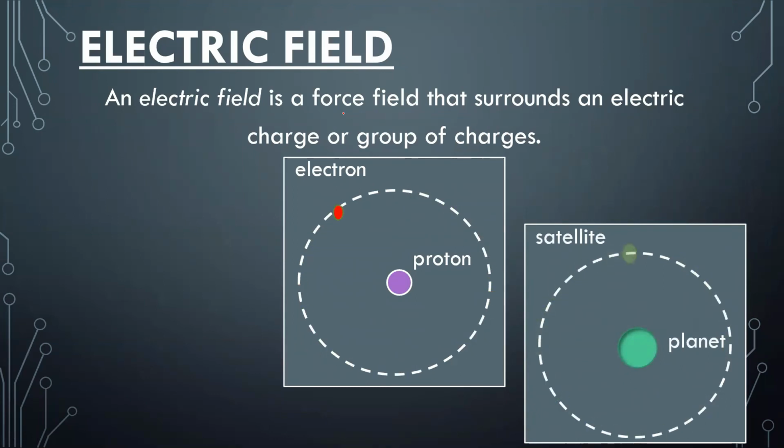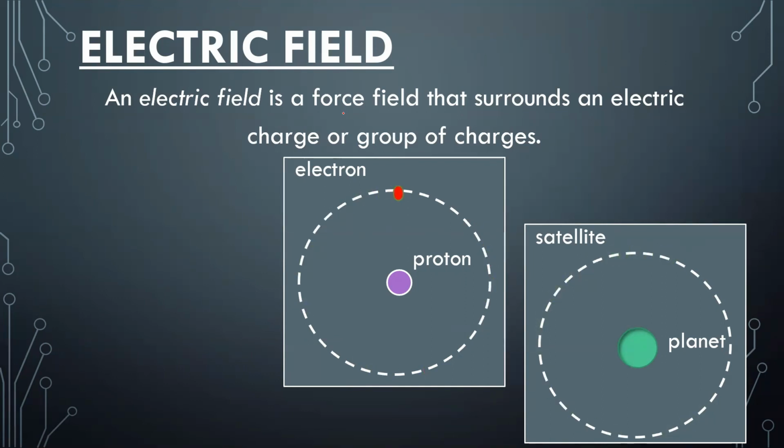Since yung satellite hindi siya makalapit dun sa planet, that's why a satellite will constantly revolve around the planet. So this illustration is also an example of an illustration on the electron and proton. Since hindi makalapit yung electron to the proton, and as it is being attracted to the proton, it will only revolve around the proton since they are being separated by the electric field.